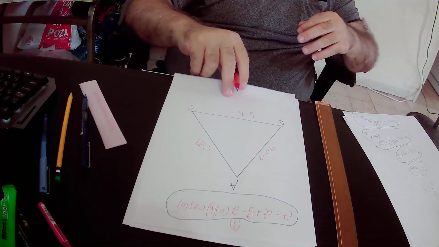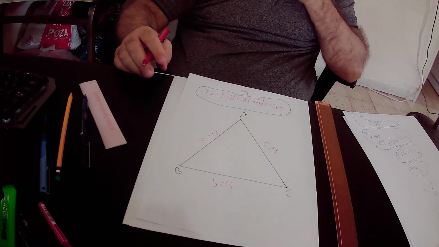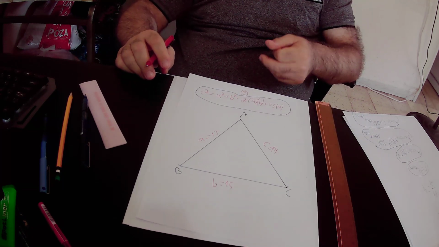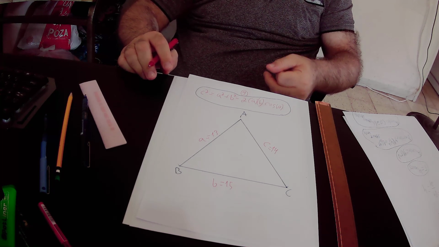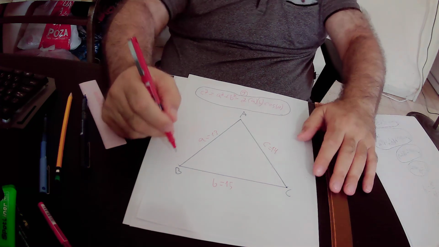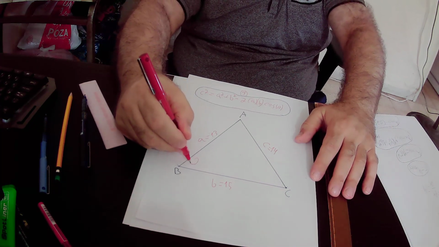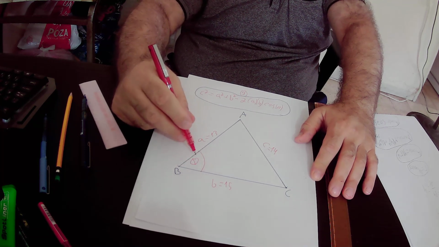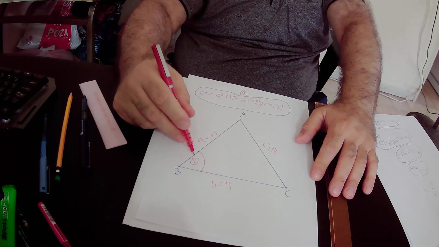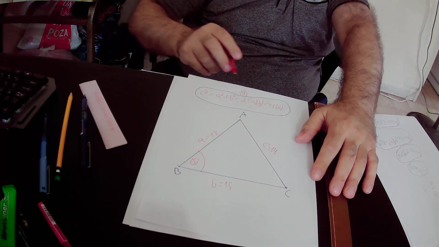So this is our original triangle ABC, and this angle is angle theta. Actually cosine theta is the only missing variable in this equality.